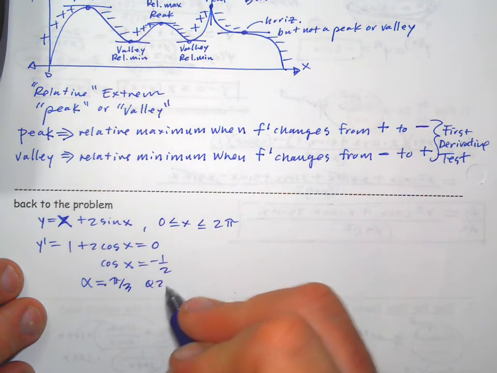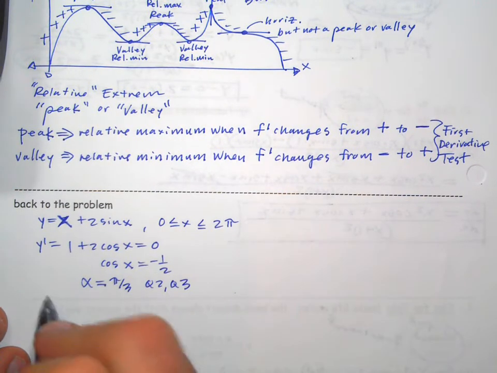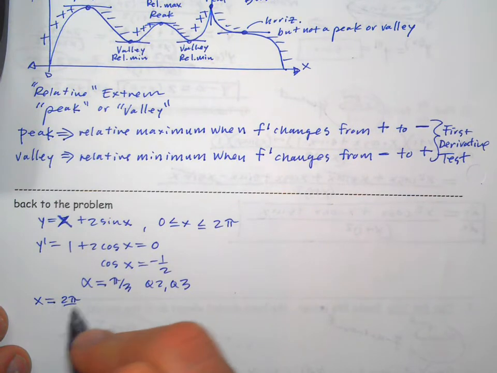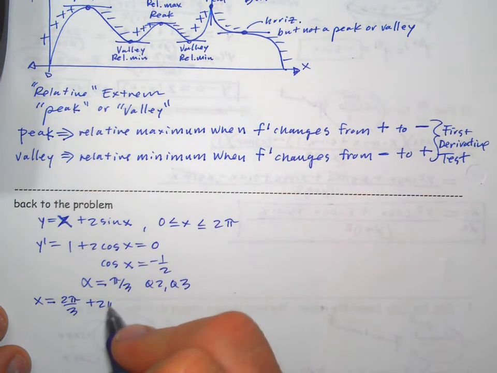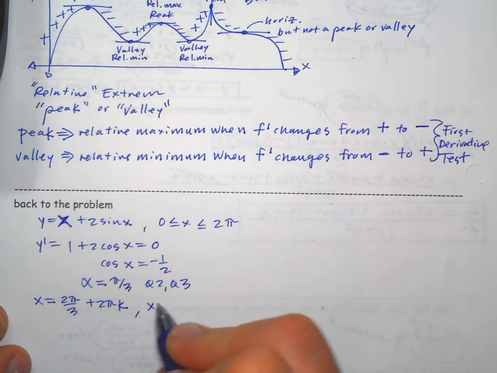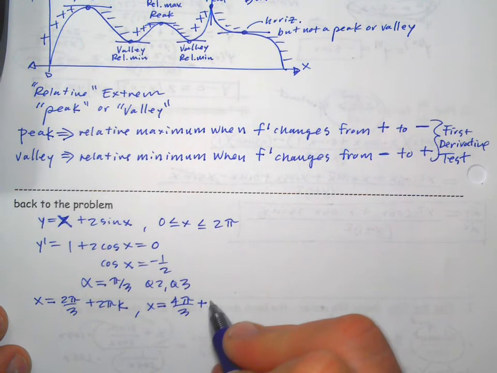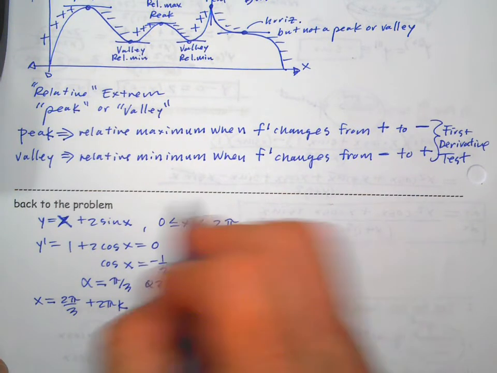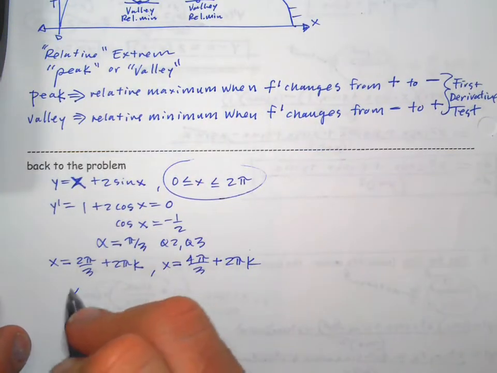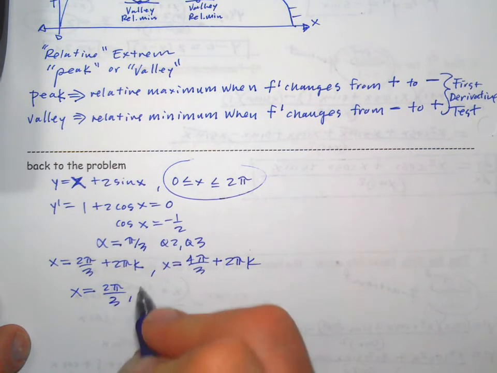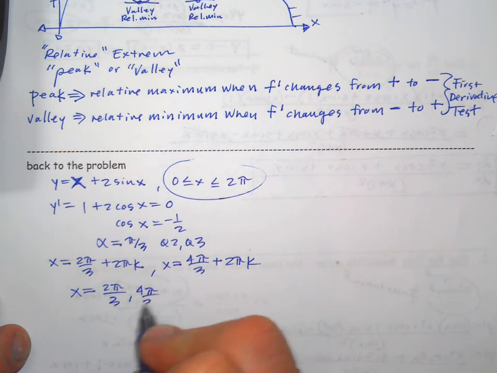Quadrants 2 and 3. So x equals 2 pi over 3 plus 2 pi k, and x equals 4 pi over 3 plus 2 pi k. We only want the answers between 0 and 2 pi, so that's going to be x equals 2 pi over 3 and 4 pi over 3. Those are the horizontal tangents.